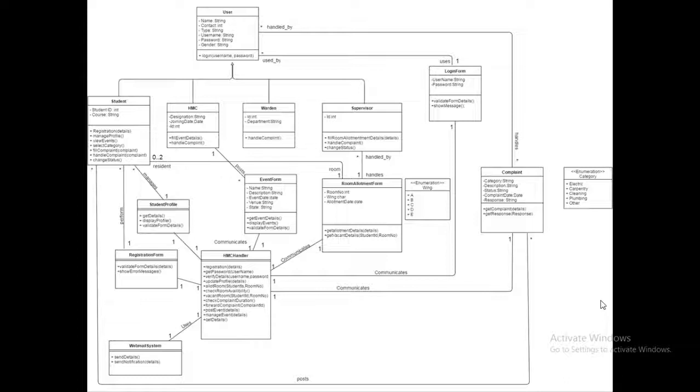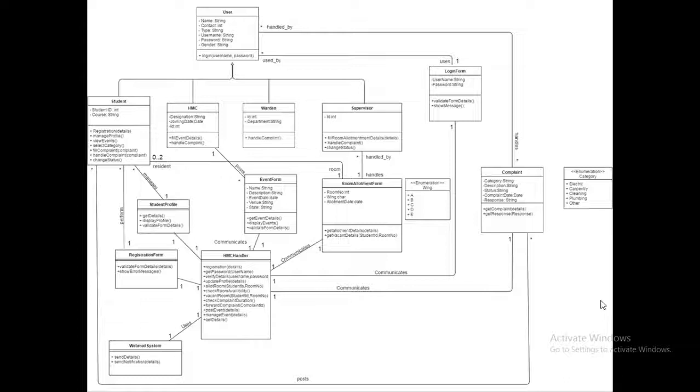Then login details like username and password will be given to the controller called HMC handler. It validates the details. Like the registration will be performed, because only student can do the registration. Only student class is associated with registration class.